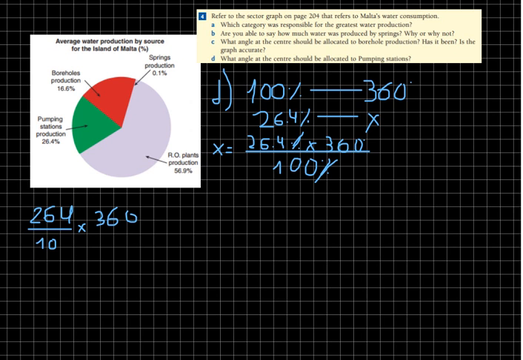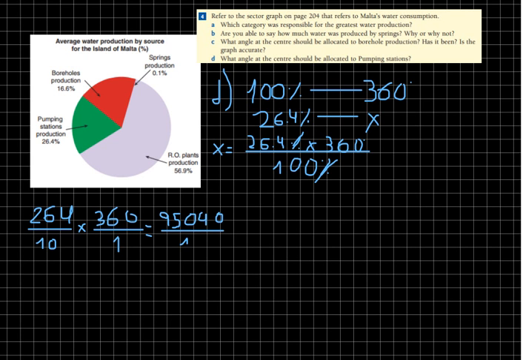All right, let's see. And now let's multiply 264 multiplied by 360 is going to be equal to 95,040 and 10 multiplied by 1 is going to be equal to 10.